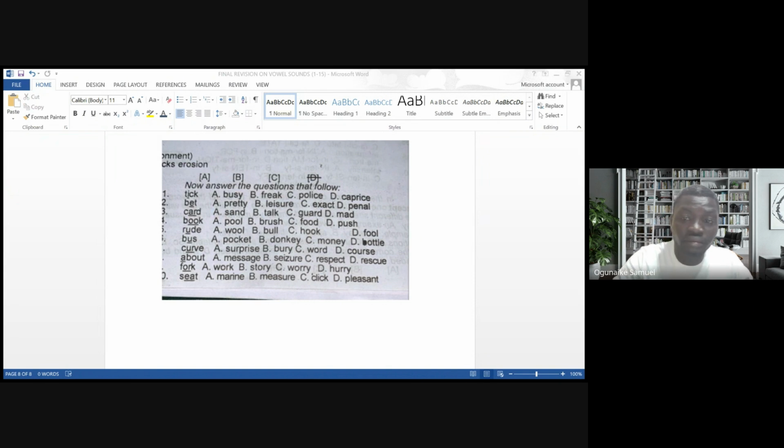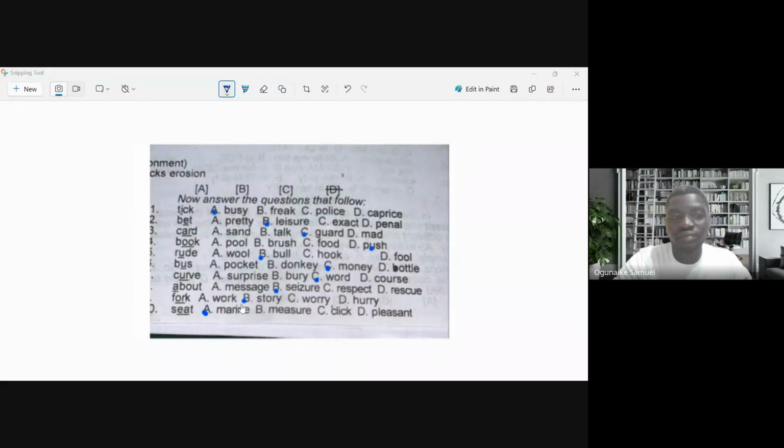I've sent the answer keys to the WhatsApp, but let me share it. I still have a copy here, so you can mark. Now you can mark, and then ask questions.